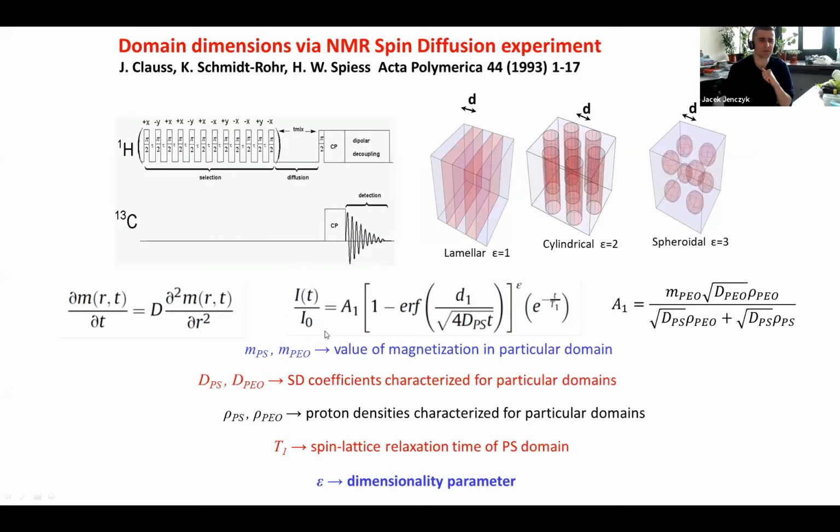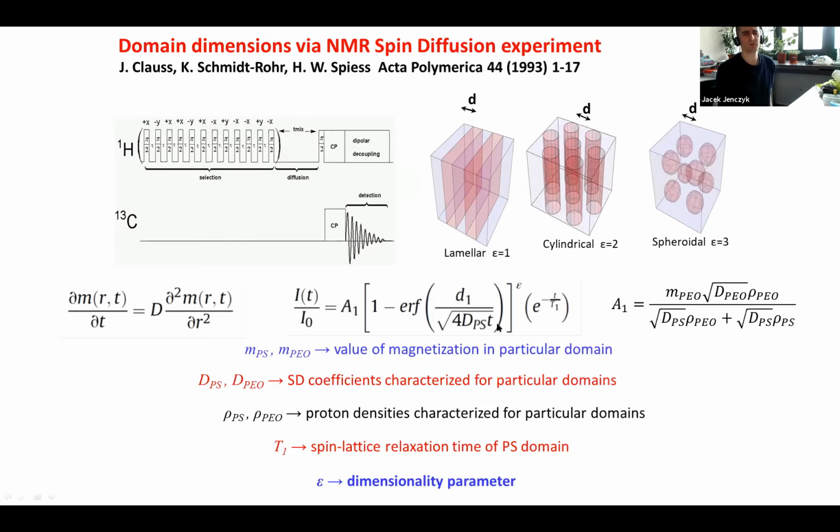We can determine the dimension of our domains, where this epsilon here represents different dimensionality, if the diffusion is one-dimensional, two-dimensional, or three-dimensional, and it does depend on the domain structure.